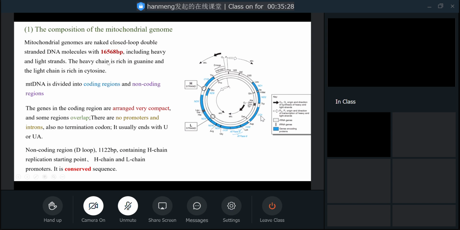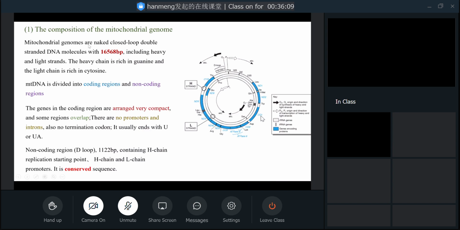The heavy chain is rich in guanine, and the light chain is rich in cytosine, because they are complementary to each other. It is a double-stranded DNA, and G pairs with C, guanine with cytosine.